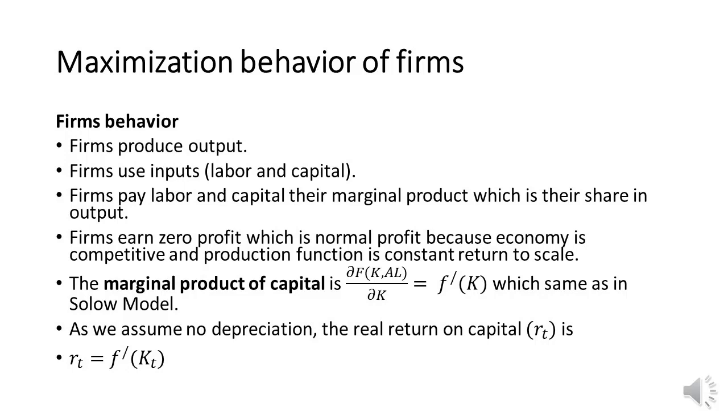So the labor gets its marginal product and the capital gets its marginal product as their share in the output. And the firm earns zero profit, and zero profit means normal profit, because the economy is competitive and the production function is constant returns to scale. That's why the firm earns normal profit.